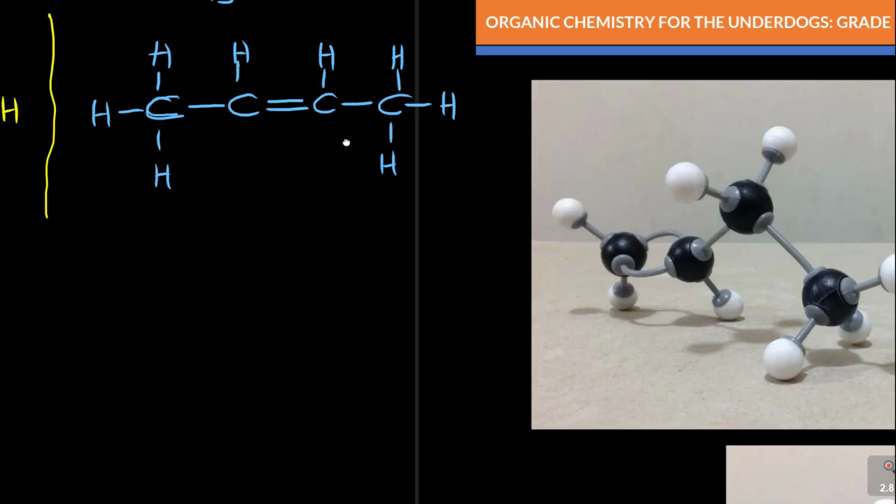And lastly, let's look at this one. If I look at this molecule, what do I have? From here, it's a double bond, you can see that, and then I move there. This other one is special, and this is more like a branch.